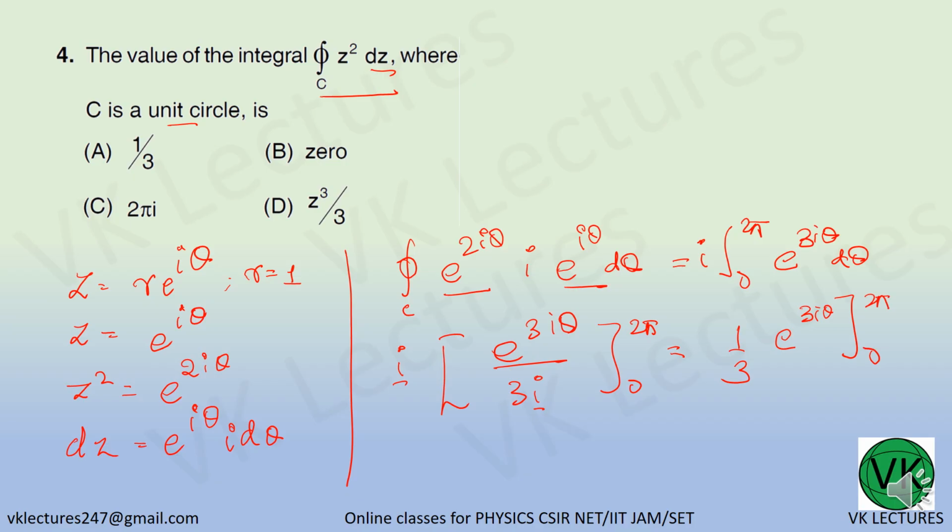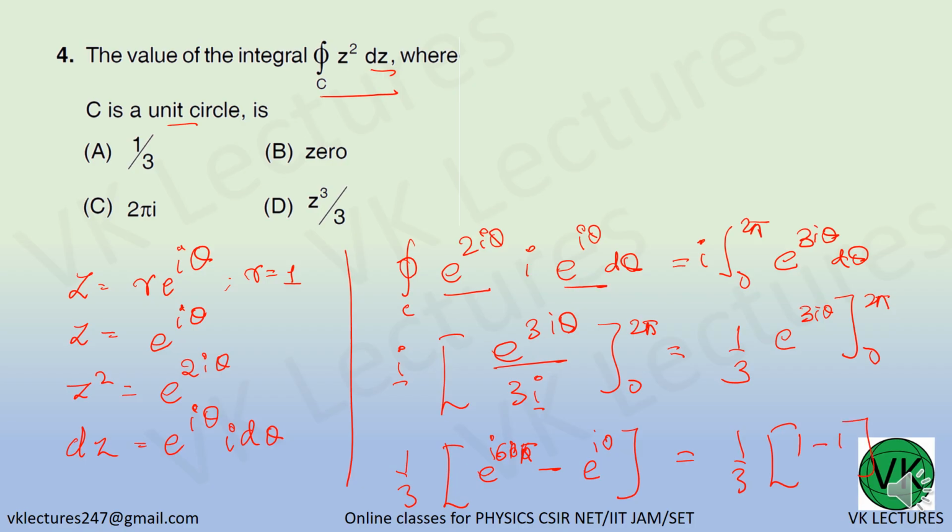Now substitute the values. Upper limit first, 1 by 3 into e power i into 6 pi, minus e power i into 0. Right, e power 6i pi is nothing but 1, so this quantity is 1 minus 1.